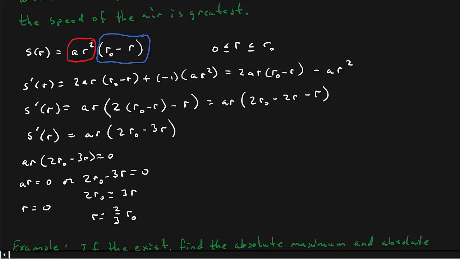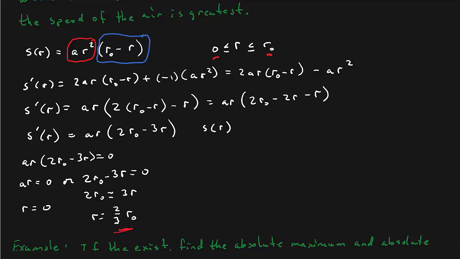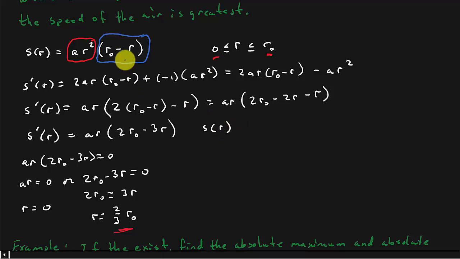All right. So now, what do we have to do? We have to evaluate s of r at 0, r0, and this value. And notice one of our critical numbers is an endpoint. When I plug the r in, let's plug the 0 in first.